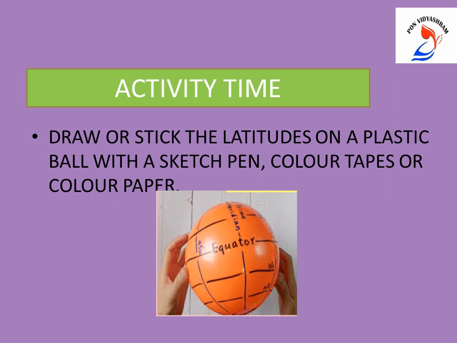You can either draw with a sketch pen or stick color tapes or color paper and label them as equator, Antarctic Circle, Arctic Circle, Tropic of Cancer, Tropic of Capricorn. I hope children you all will do this activity and I am really waiting to see the pictures of your activity.